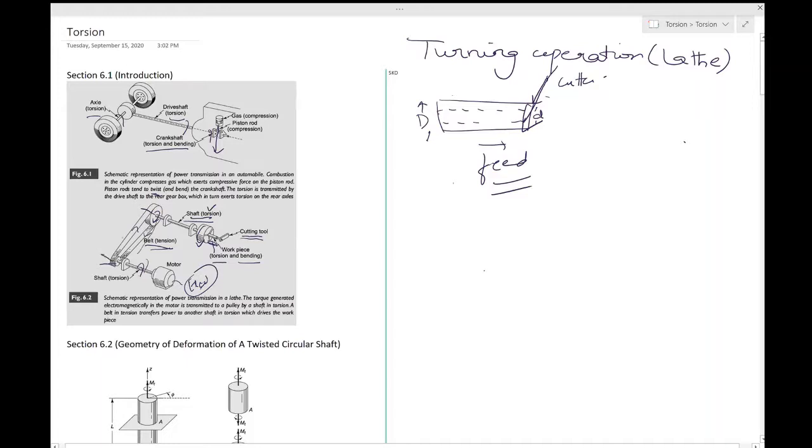Obviously, there will be friction acting between the belt and these pulleys, and this causes a rotation in this shaft, which will have a twisting effect on this shaft, and your workpiece gets cut. Okay, so these are two examples where torsion acts, and the mechanics of torsion. Why are we studying this? I mean, this is just knowing where the torsion acts. Why should we study the mechanics of torsion?